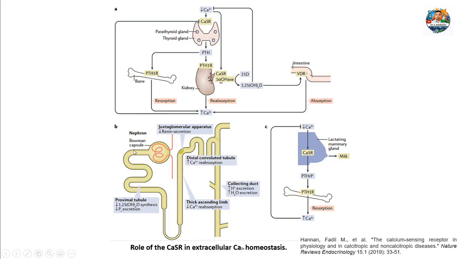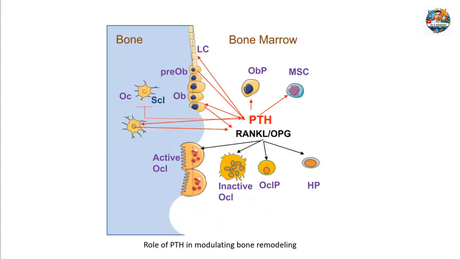This is the nephron of the kidney, showing how the different portions of the nephron are involved in calcium reabsorption. Again, this is a very simplified diagram which explains the role of parathyroid hormone in modulating bone remodeling.